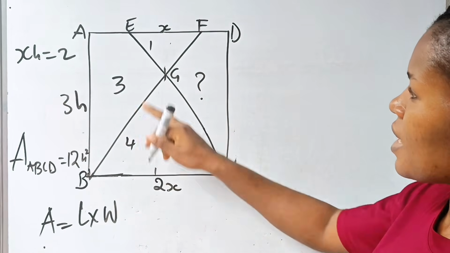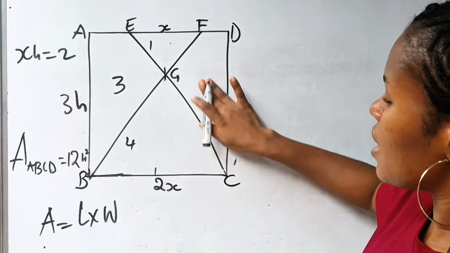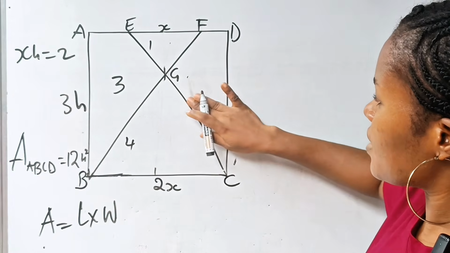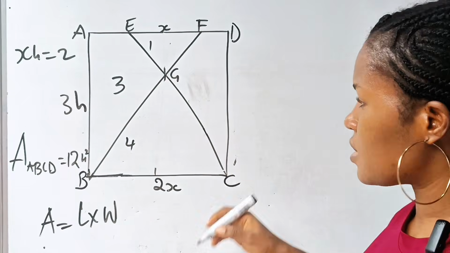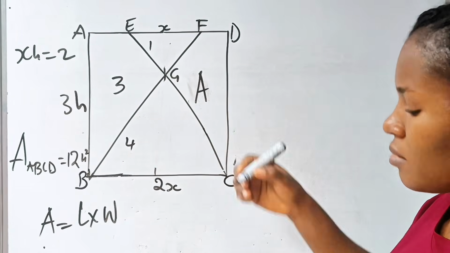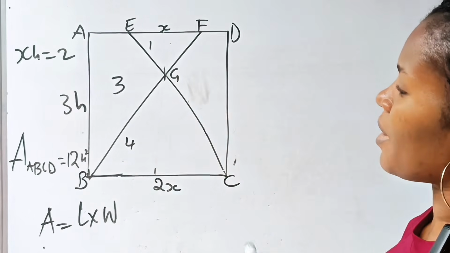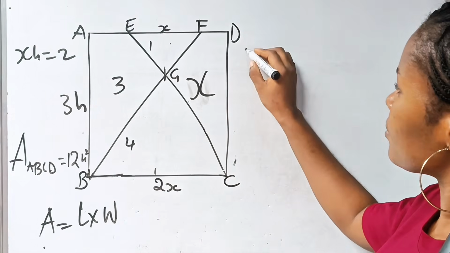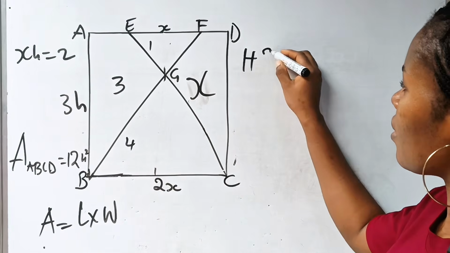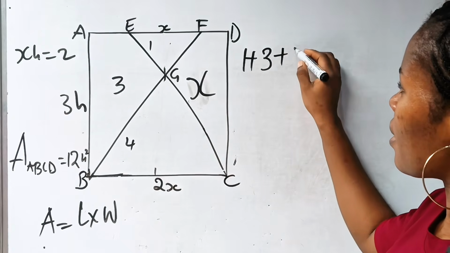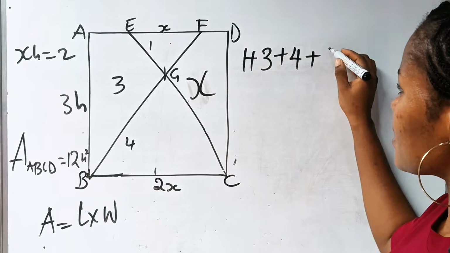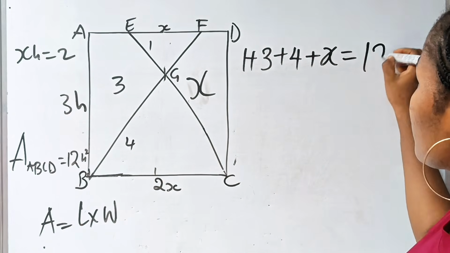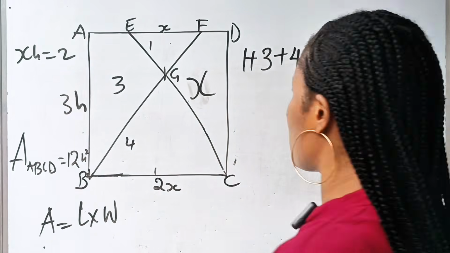Let's call the missing area X. Note that 1 plus 3 plus 4 plus X should equal 12.